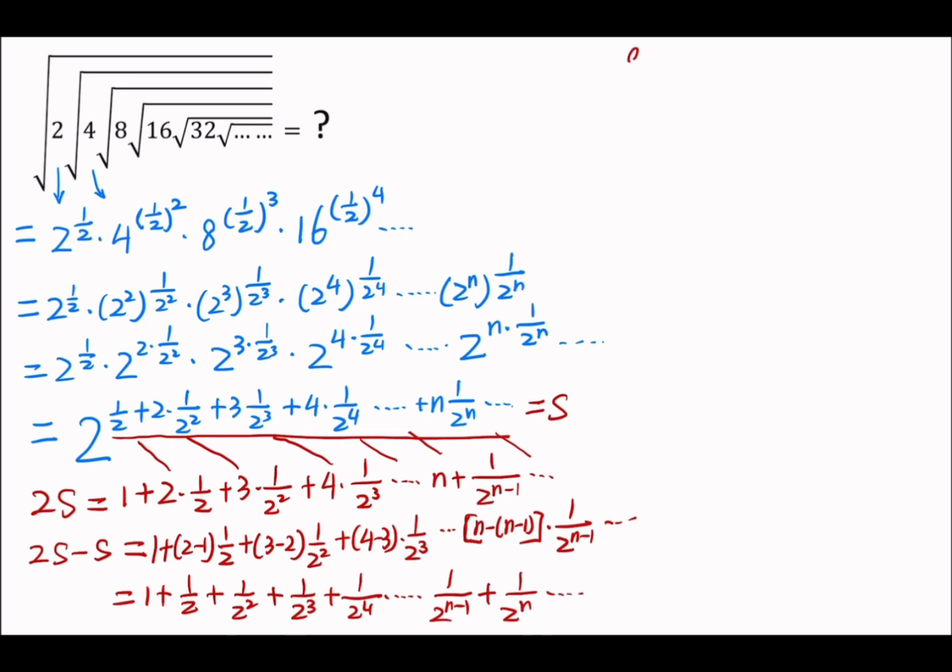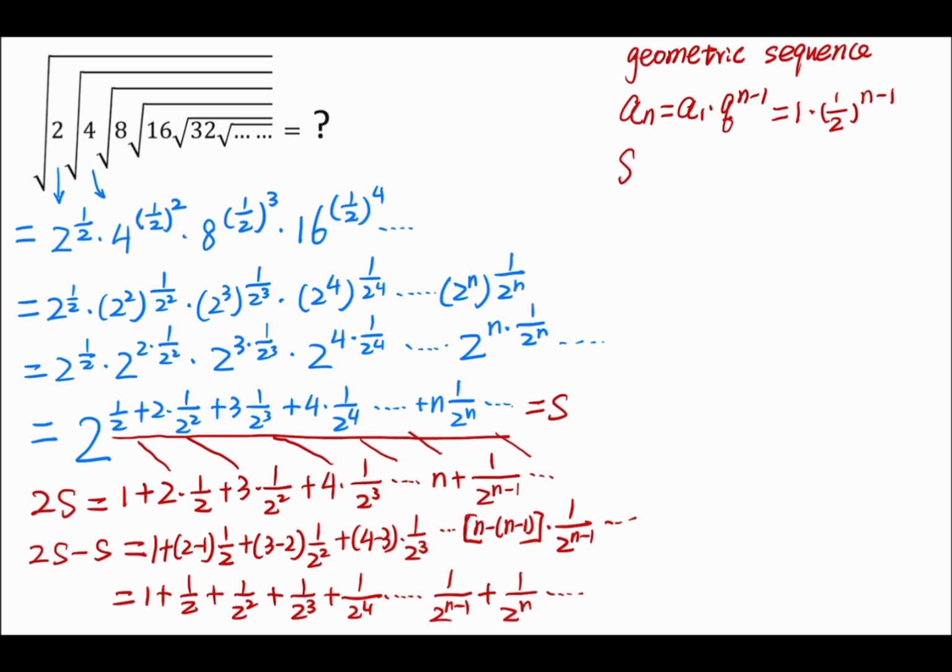Now, this is actually a geometric sequence, which you're going to learn in high school. So it is an equals a1 times q to the power of n minus 1. For this case, it is 1 times 1 over 2 to the power of n minus 1.